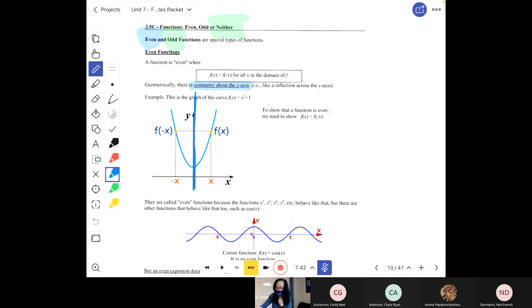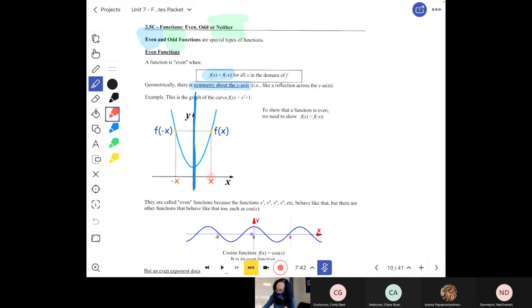So algebraically, what does it mean to be symmetric about the y-axis? Well, that means algebraically, I can prove this for all values of x in the domain. So what does this mean? That's saying for any x, f evaluated at x, the y value, is the same for the positive and the negative value of x.